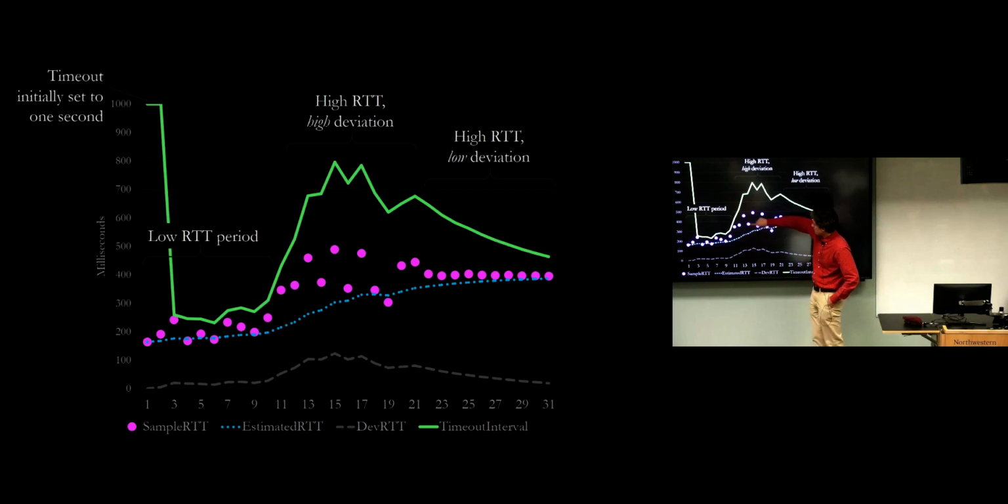Later on, they vary quite a lot, and therefore the estimate of the deviation is higher. So this is showing how much variation there is in the delays, the latencies. Later on, they become more consistent, so the value drops down again. And this is used to influence the margin of safety, which is the amount that the round trip time is put above the estimate of the timeout.